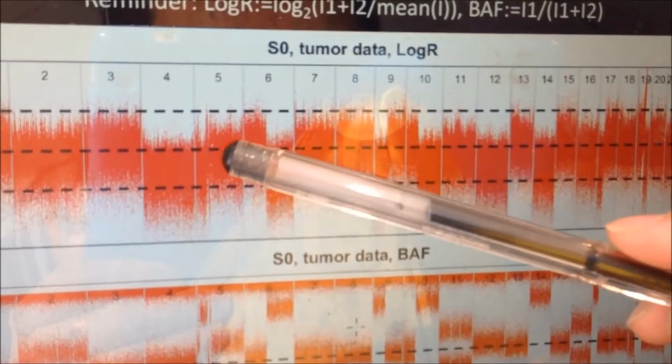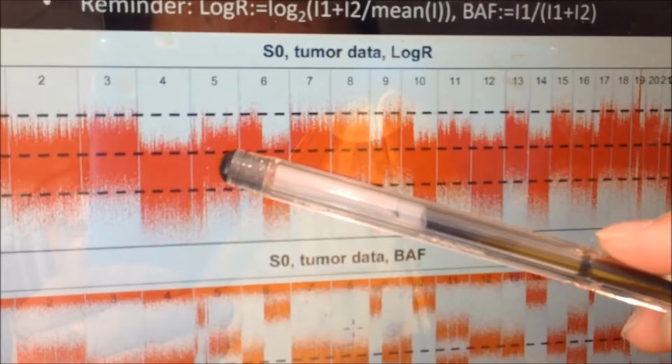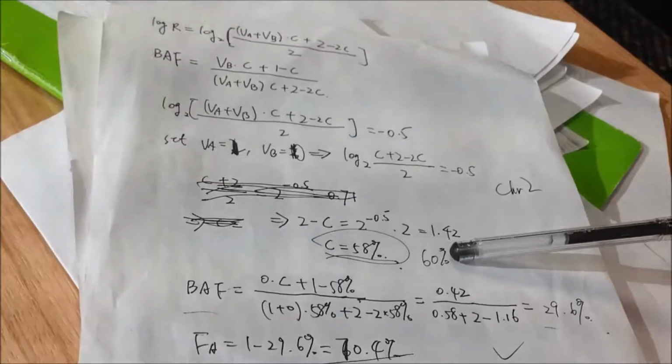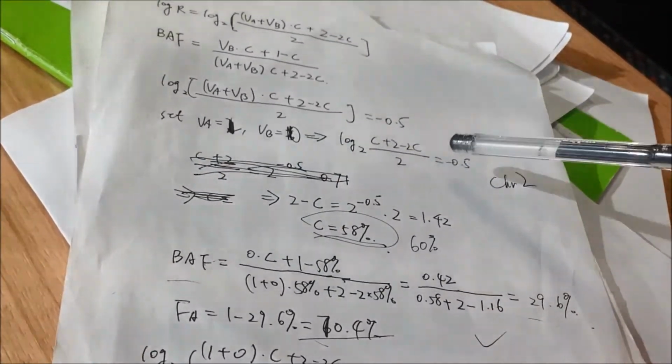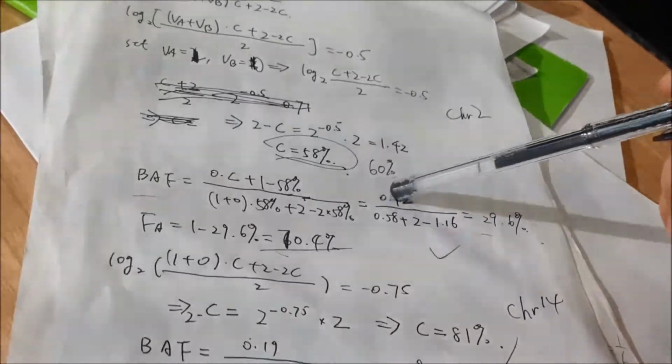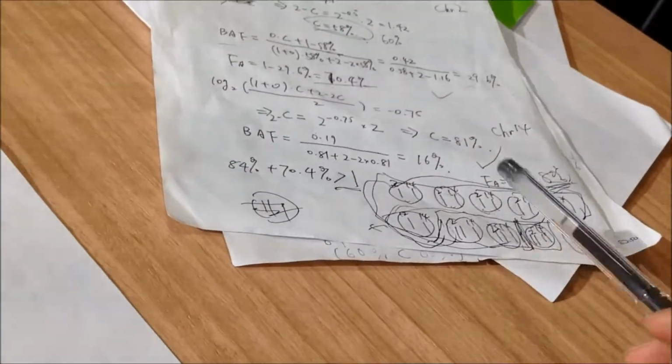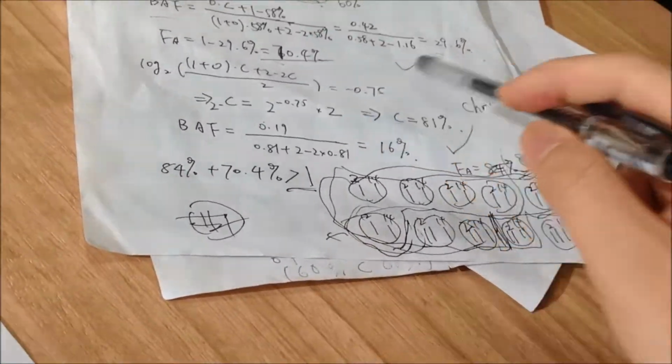The other is log ratio of minus 2.5. Based on our previous calculation, we already know that the log ratio of minus 0.5 means the clonality is about 60%, while the log ratio of minus 0.75 means about 80%.